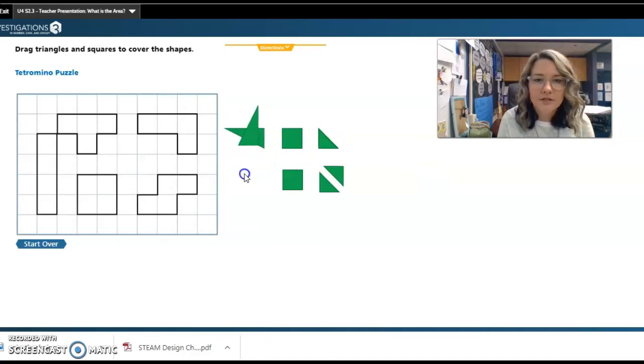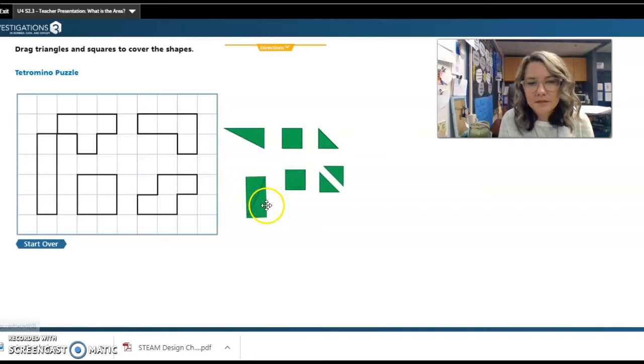What about this larger triangle? What do you think the measurement of this larger triangle would be? If I bring another one down and put it together, well, if I put 2 of them together, they make 2 square units.